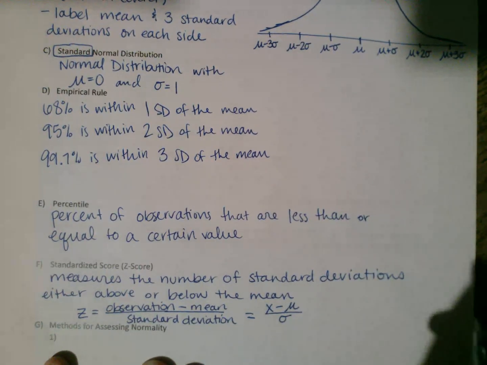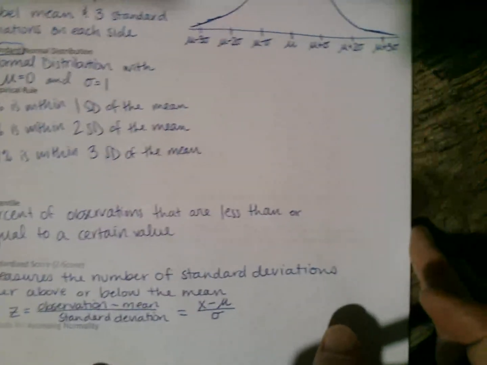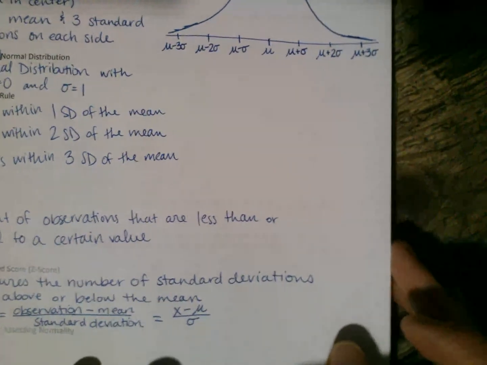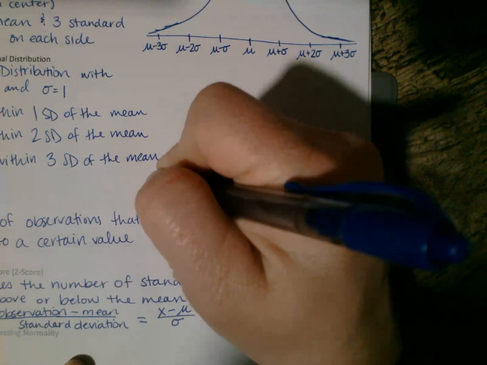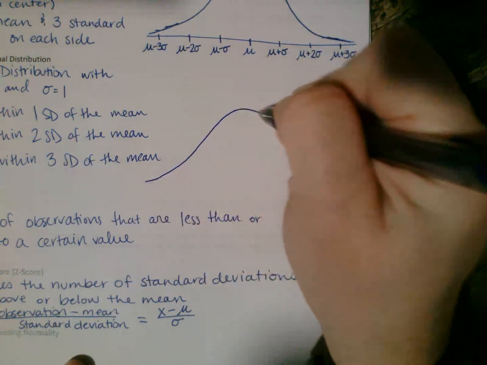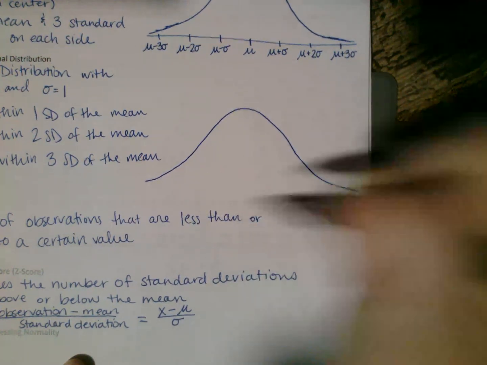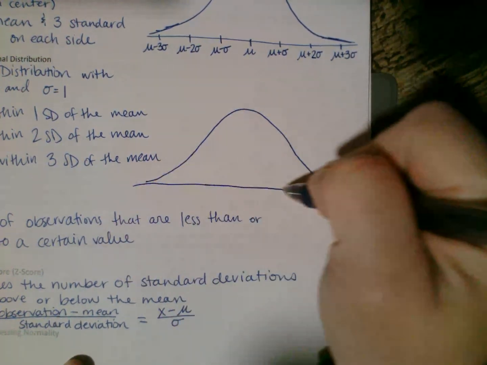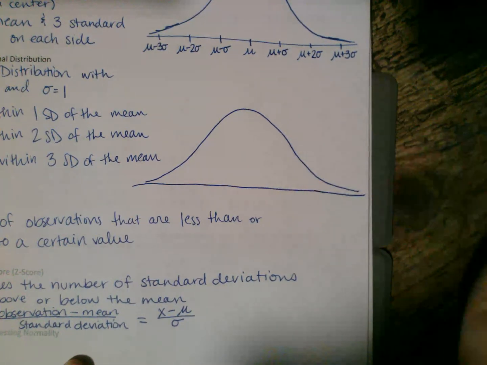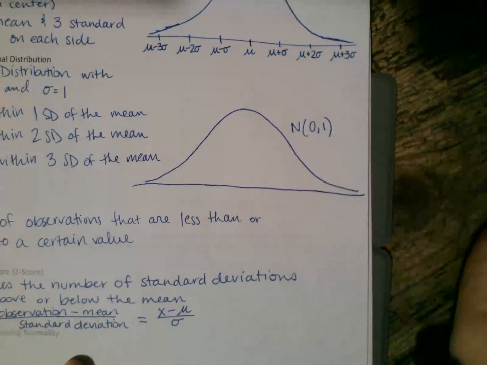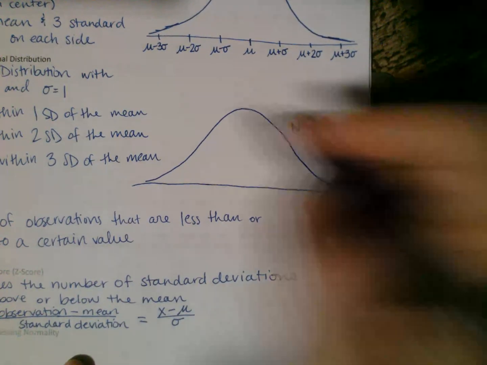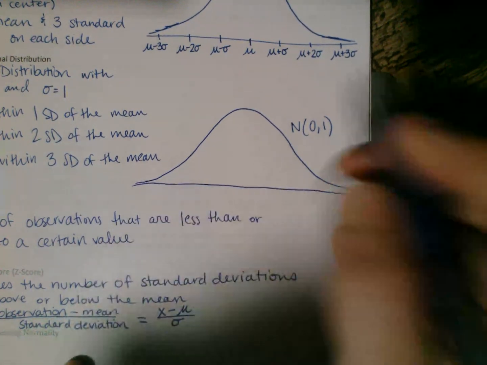Okay, so what we can do with that is we can look at a normal distribution. I'm going to sketch one right over here. And I'm actually just going to make the assumption that this is the standard normal distribution. So it's normal with a mean of 0 and a standard deviation of 1.